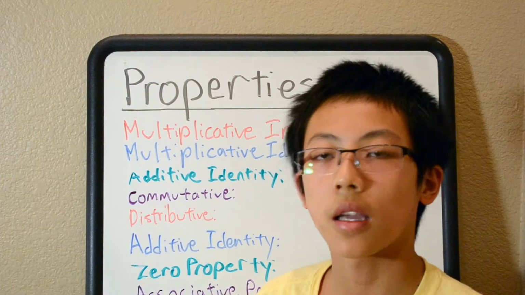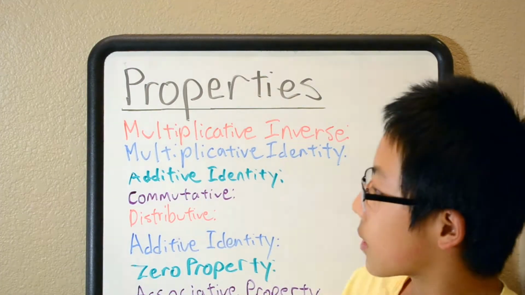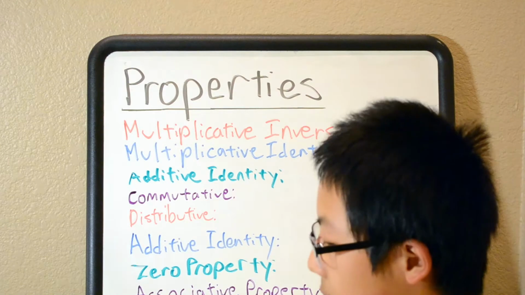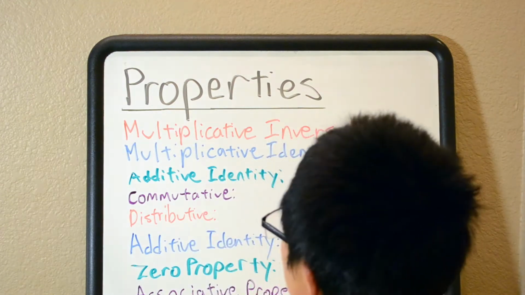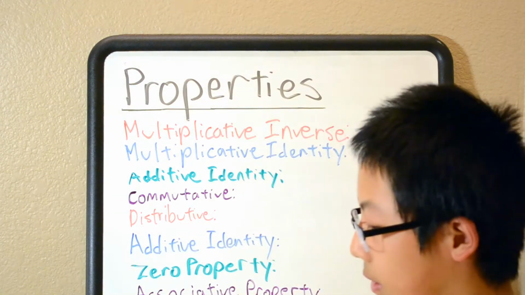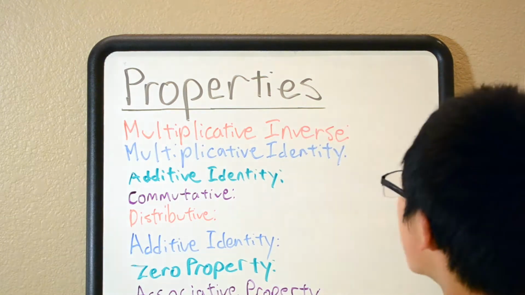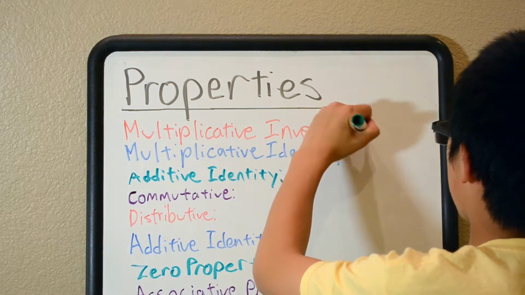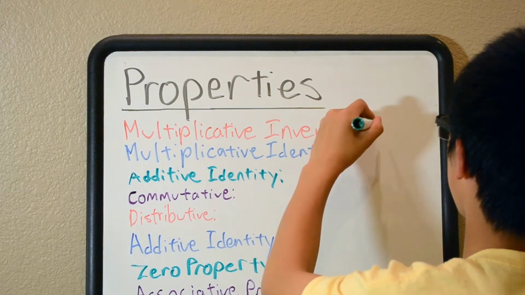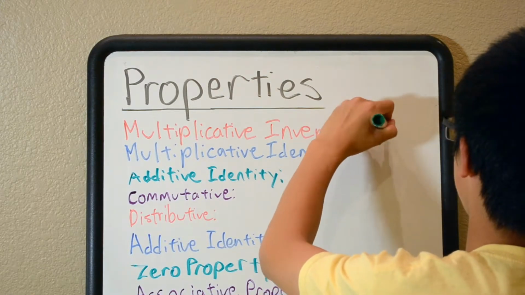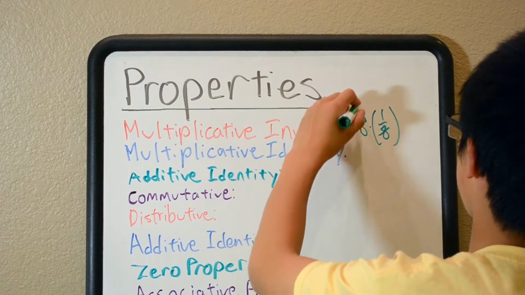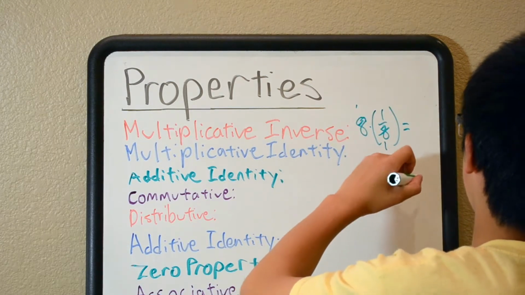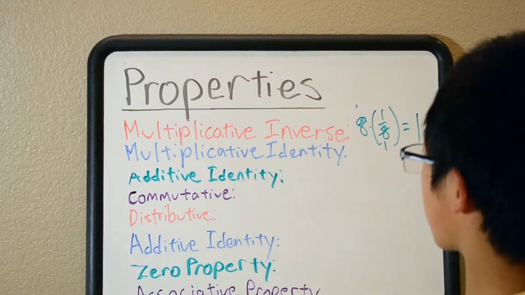Now we're going to be talking about properties of numbers. So let's start with multiplicative inverse. Multiplicative inverse means when you multiply a number, for example 8, times its reciprocal, 1/8, you get that the answer is 1.